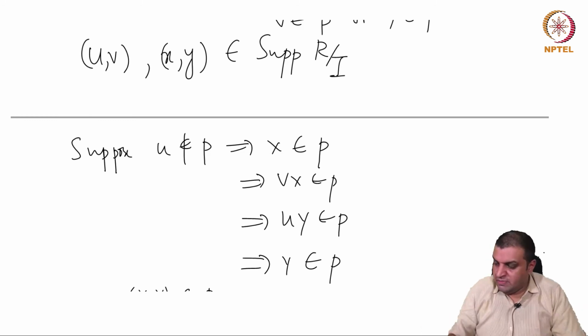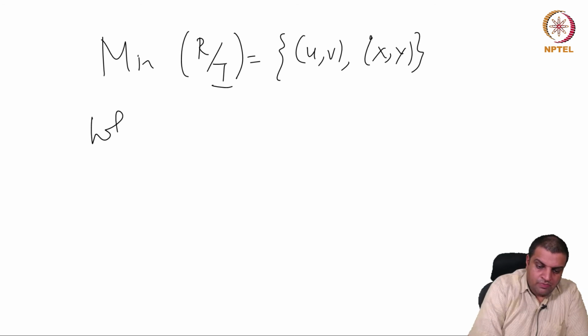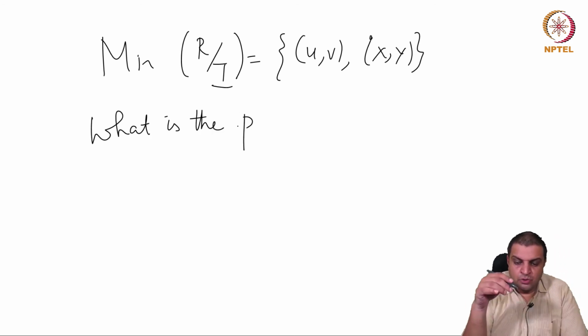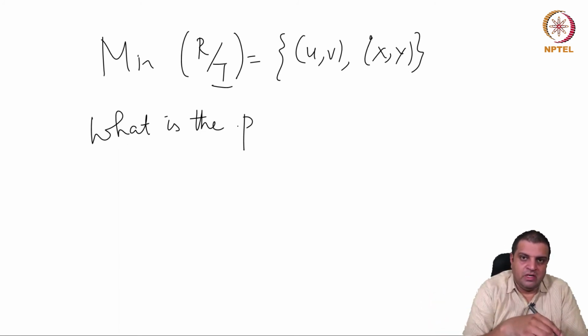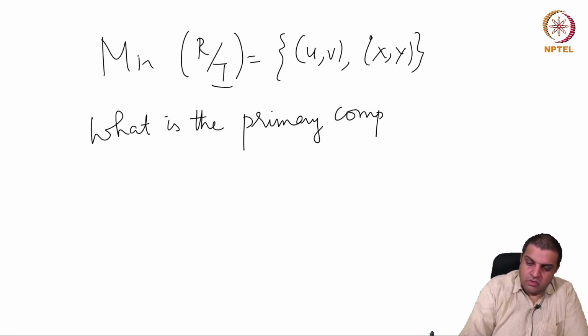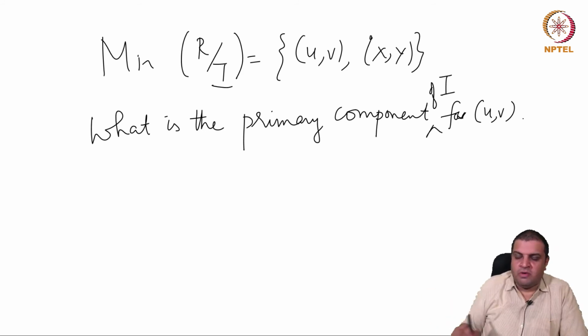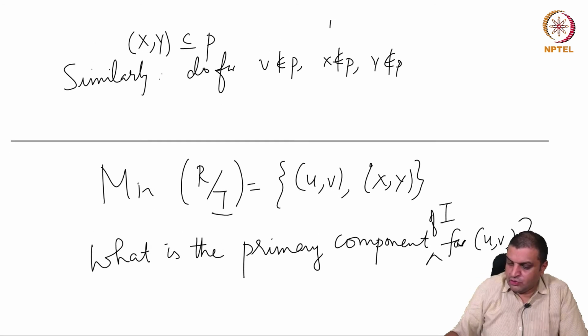So let's first evaluate the primary components corresponding to these primes. We don't need to know the entire set of associated primes to determine the primary components for minimal primes. That is one advantage of that theorem. Primary component of I for u comma v: well, we just localize it.